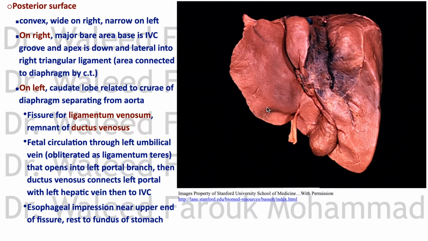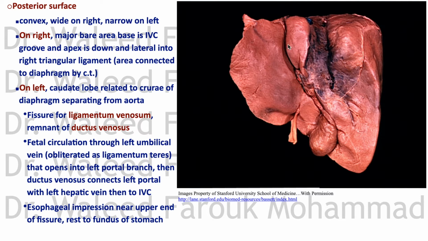So the oxygenated blood coming from the mother through the umbilical vein is directly poured into the inferior vena cava. This is the role of the ductus venosus, which collapsed and became the ligamentum venosum, in the fissure for ligamentum venosum that extends deep to the caudate lobe of liver.